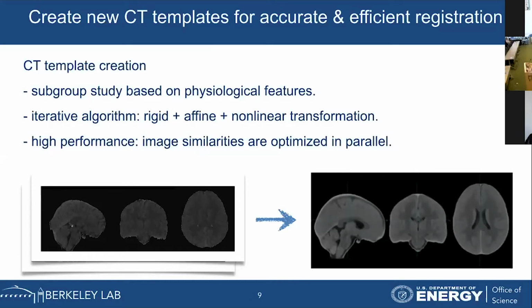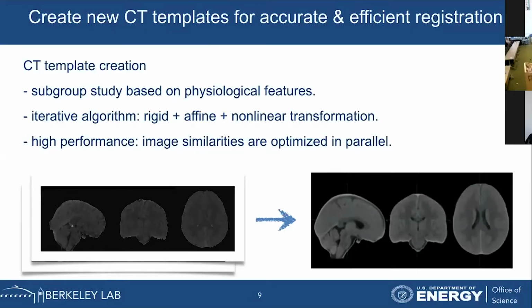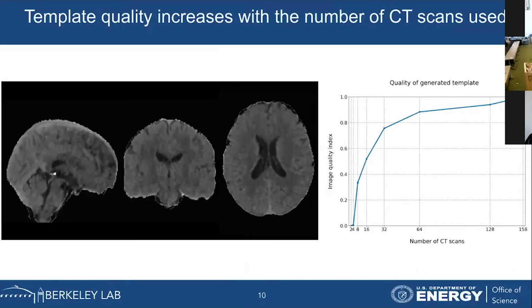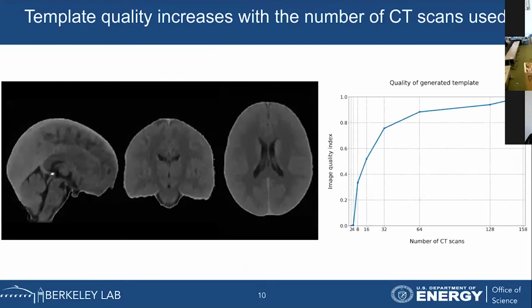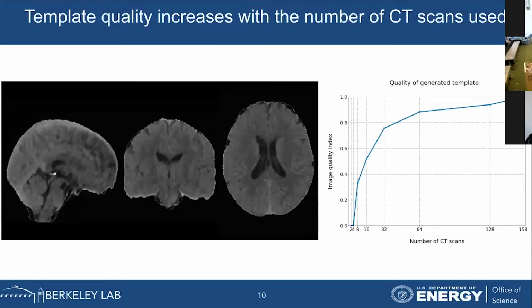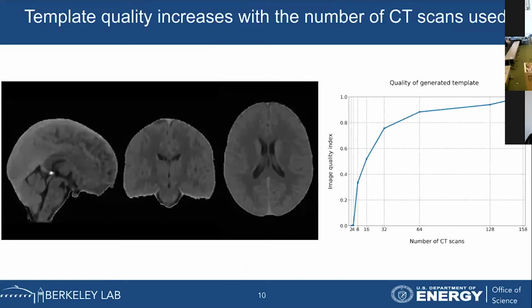And you might think, this is kind of magic, how you could just average all of the original low contrast CT scans into this template. Let's see how it evolved over the increasing number of CT scans we used. In this animation on the left side, it shows how the image quality improves with the number of subjects we use, from 4, 8, until 128, 158.